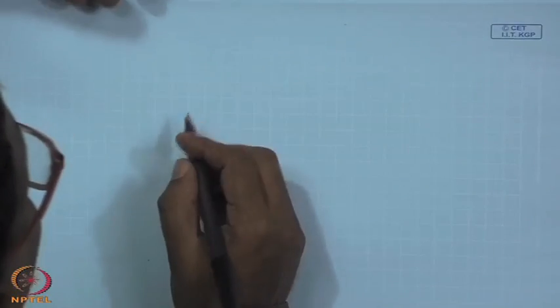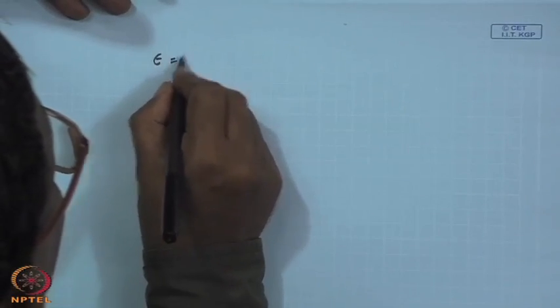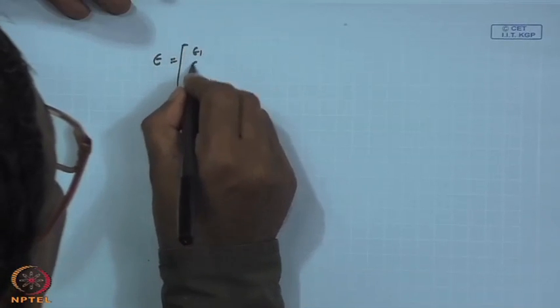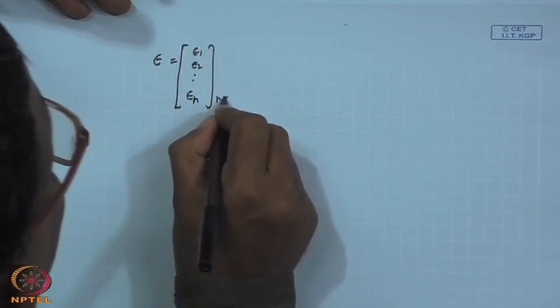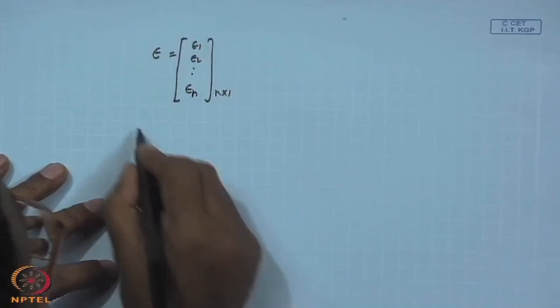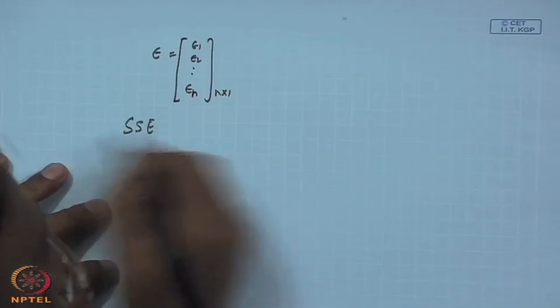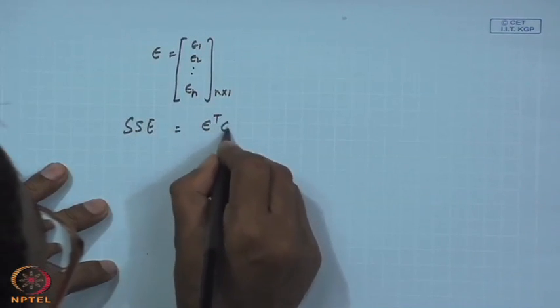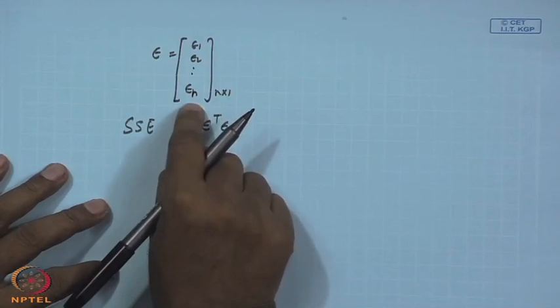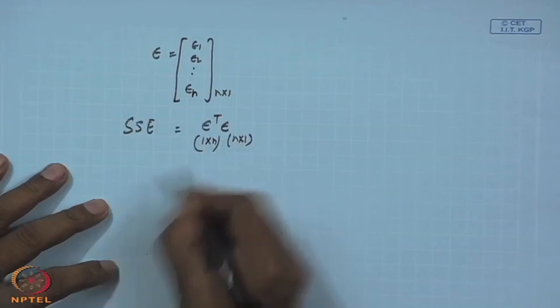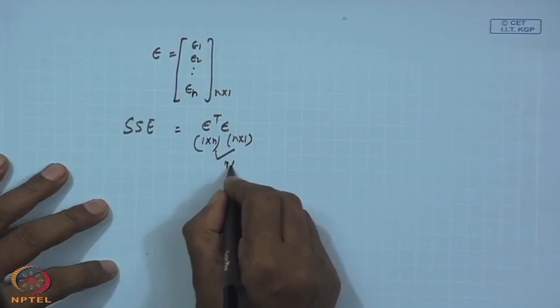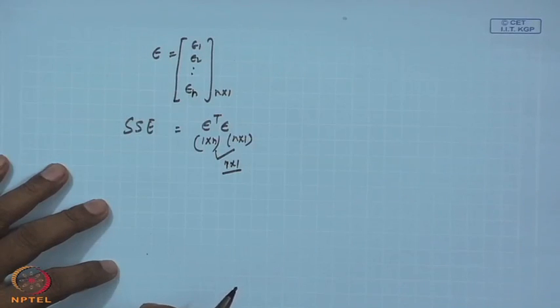So, the Hessian matrix that comes must be positive definite, then it is the minimum condition. Okay. So, now let us write in terms of matrix. We found that epsilon is epsilon 1, epsilon 2, up to epsilon n, that is n cross 1. We are minimizing SSE, the sum of squared errors. Can we not write it like this? This is a vector. So, 1 cross n times n cross 1 will give you a 1 cross 1 scalar quantity.